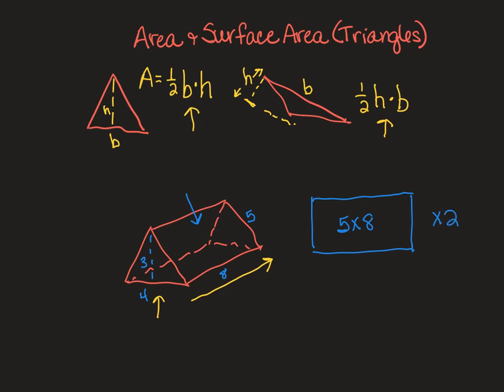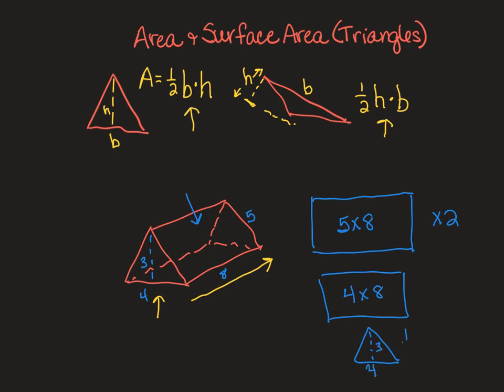Now I have a rectangle at the base, where the tent sits, or the triangular prism. I know that is 4 by 8, and I only have 1 of those. But I also have 2 triangles, which are at the front and the back of the tent, and they are 3 by 4.